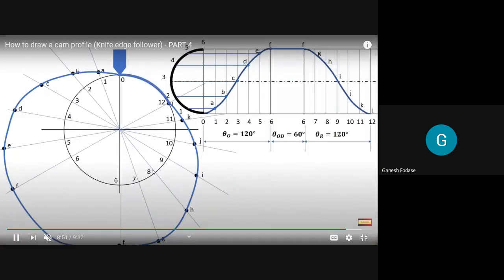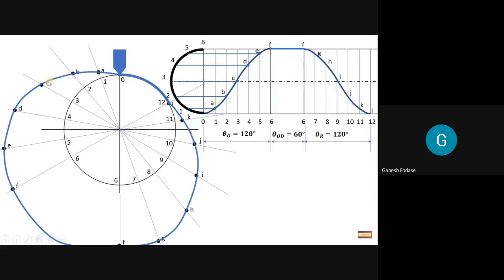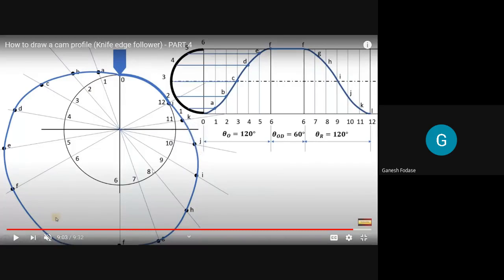Okay, is the procedure clear? It is just a simple problem based on a knife edge follower with simple harmonic motion. This is the procedure to draw a cam profile when the follower is knife edge, radial, and the motion is simple harmonic motion.